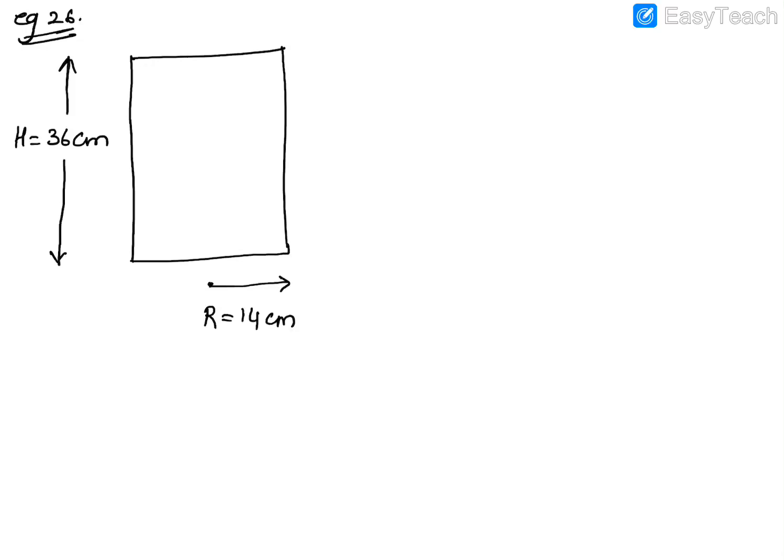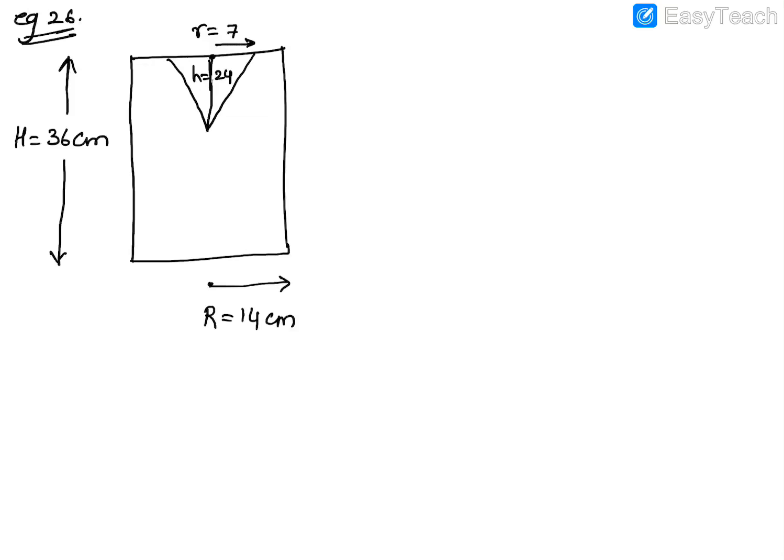So from here you've drilled out a conical cavity. Now the radius of this conical cavity is given how much? 7, and the height is what? 24 centimeter. This is your small r, and height is equal to 24.